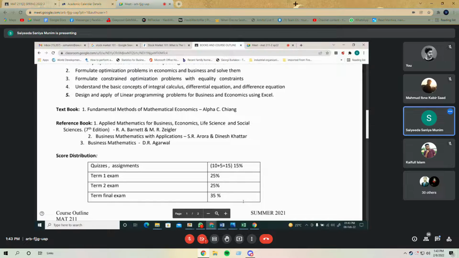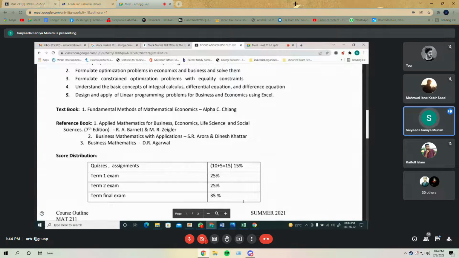Now, when you are submitting your quiz, assignment, and exam scripts, some rules. Make sure all the pages have your ID, date, and page number.